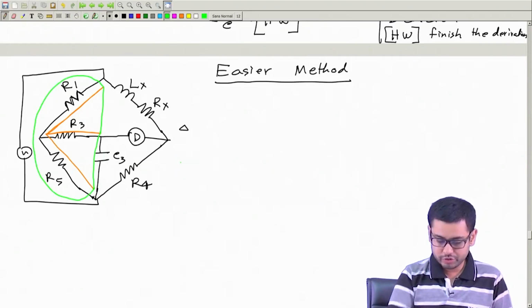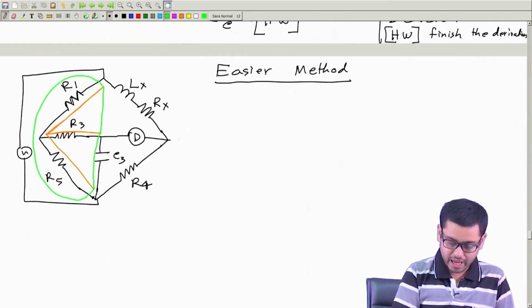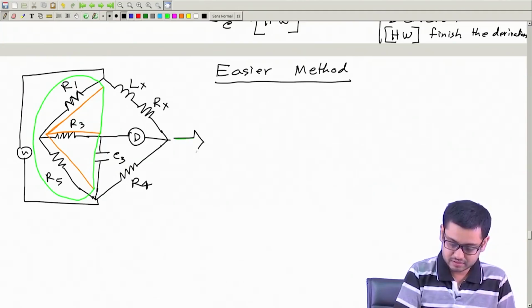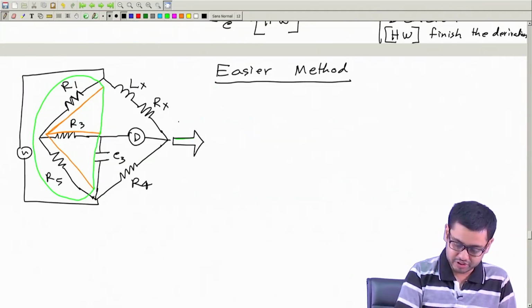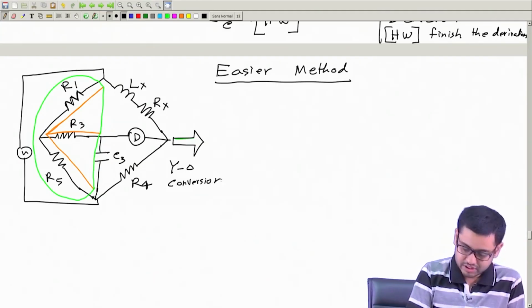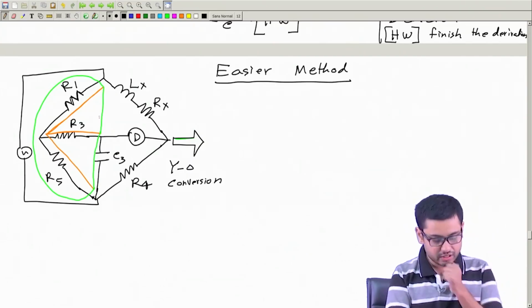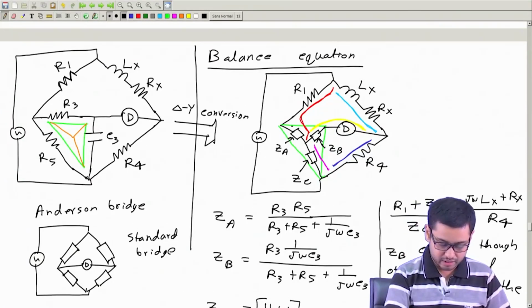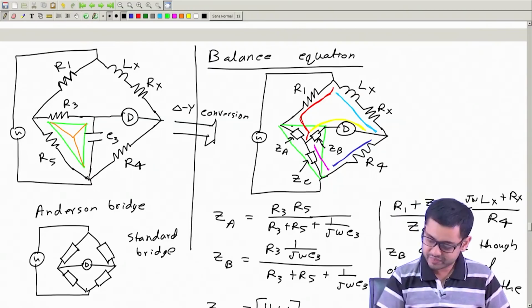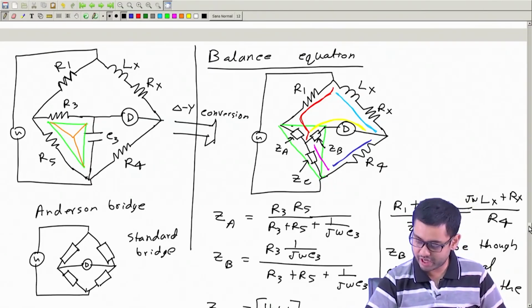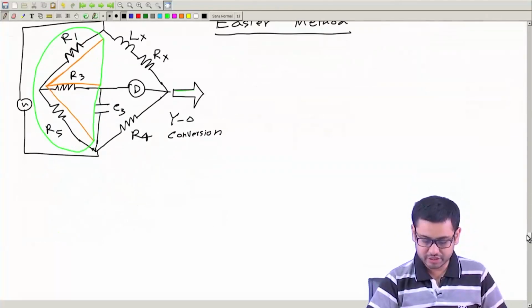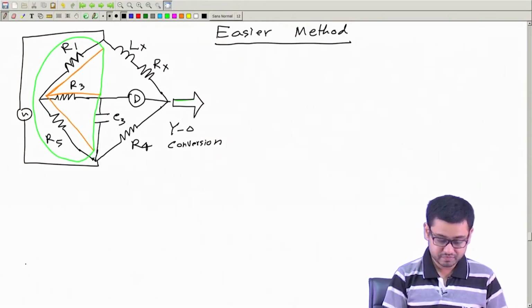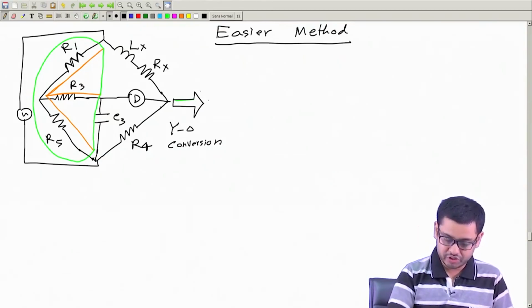So, we will apply a star to delta conversion. This star is not easily recognized. We often recognize the delta very quickly, but the star is not easy to recognize; once you recognize it, the derivation becomes easier. Let us draw the equivalent circuit.